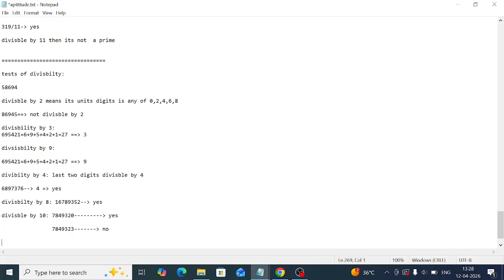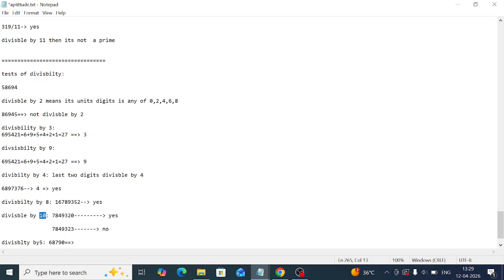Okay. Next, divisibility by 5. When can you say a number is divisible by 5? A number is divisible by 5 when its units digit is, see, 6 8 6 8 790. How can you say this number is divisible by 5 or not? If the units digit is 0, like 10, it is divisible by 10.